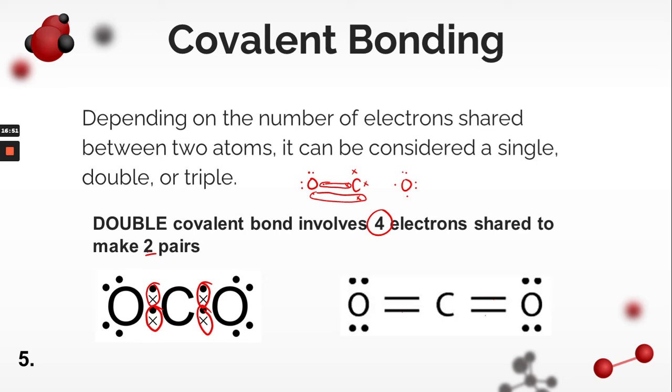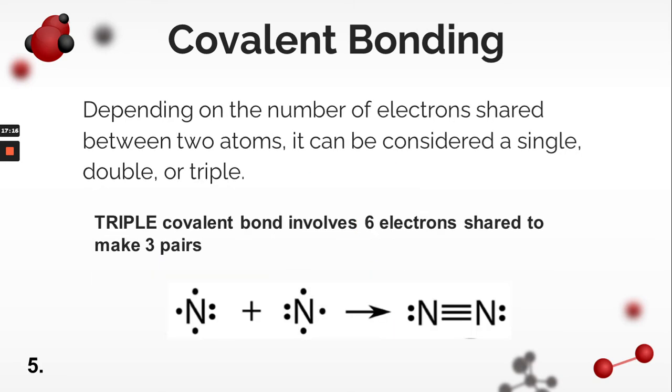And up here, same thing. I'm going to take this dot and X and this dot and X. Now I put these far apart so you could see, but that's where these came from. And then this is the cleaned up version. So because we are sharing 4 electrons, okay, that would be the 1, 2, 3, 4, between 2 atoms, we call that a double bond.